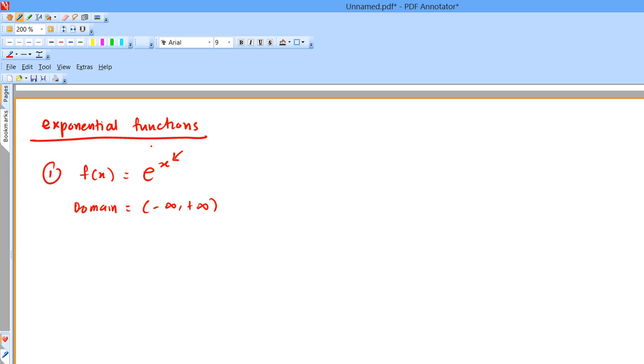But how about f(x), or the range? x, f(x). If we put x equal to negative 2, we get e to the power of negative 2, or we write 1 over e squared, equal to 0.135.